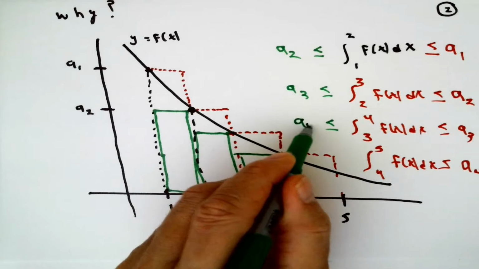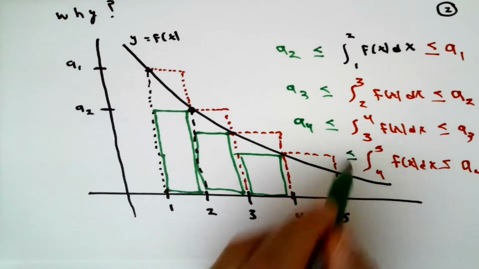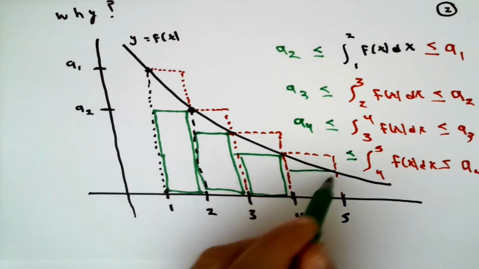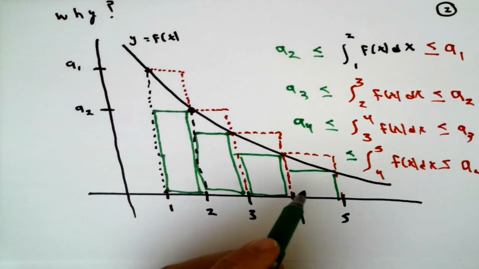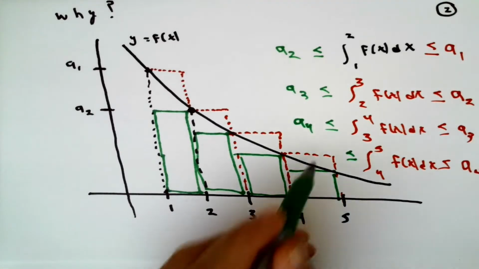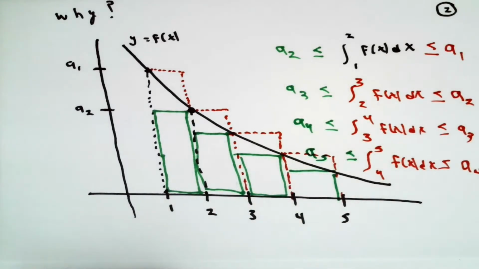Likewise, a_4 is smaller than the area from 3 to 4. And the area of this green rectangle, which will be a_5, is less than or equal to the area under the curve from 4 to 5.